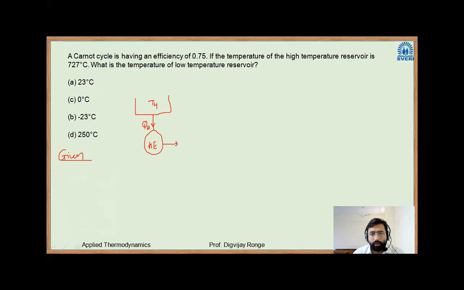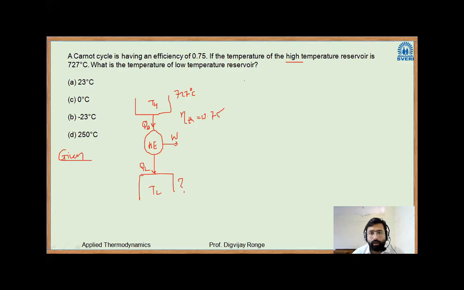It will do some work, that is W. It will lose some heat, that is QL, to the sink at TL. Now here the high temperature is given, that is 727 degrees Celsius. The efficiency of the cycle is given, that is eta TH equal to 0.75. You need to calculate what is TL.